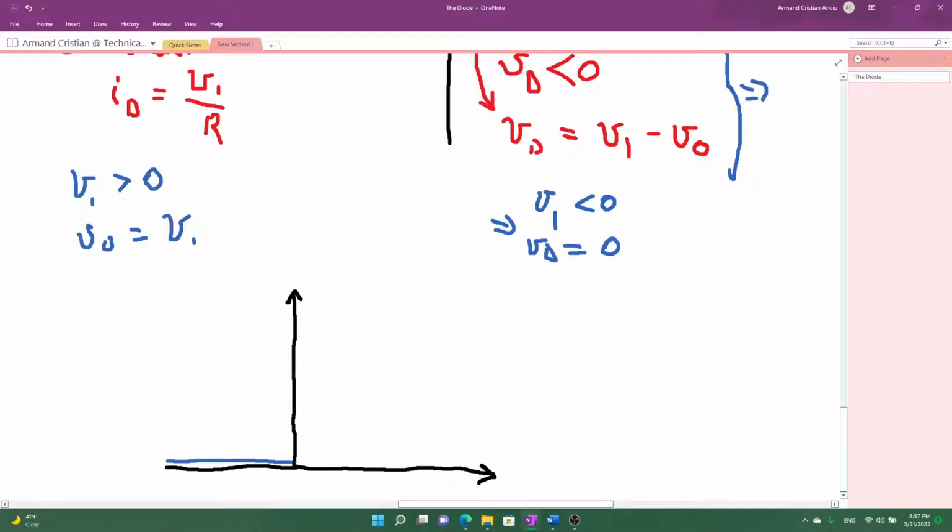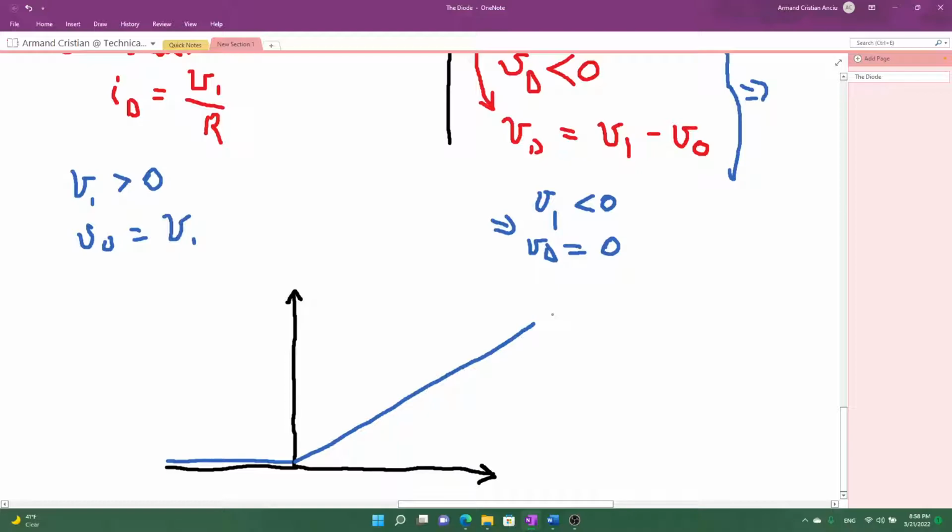And for the on state, the output voltage is equal to the input voltage, which means that our VTC is no longer a straight line that goes straight up on the y-axis, but it's rather diagonal.